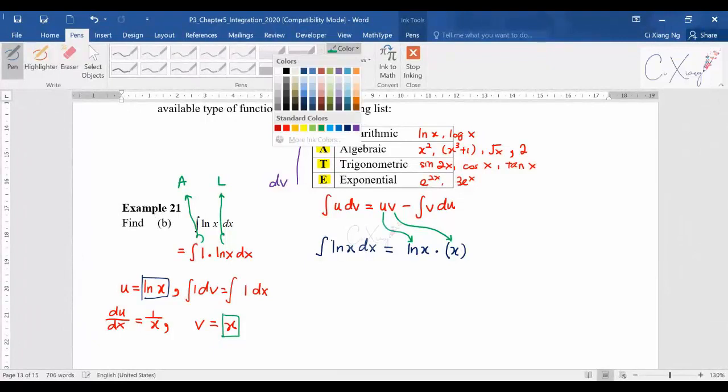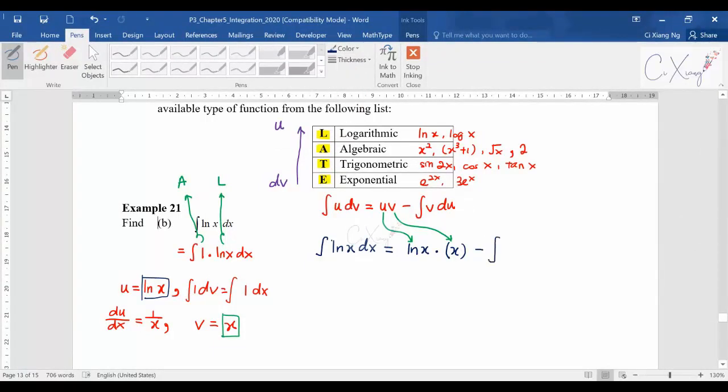After that, according to the formula, again, you minus. So minus integration sign. What is v again? v is x. What is du? If you rephrase it, du equals 1 over x dx. So it will have 1 over x dx.